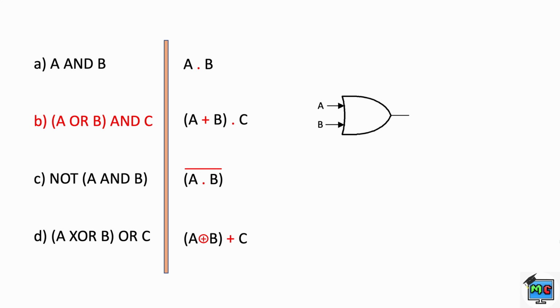The result of A and B going through the OR gate, the result of that going through an AND gate, and there's another input coming in. Input C is coming in. Okay, next one.